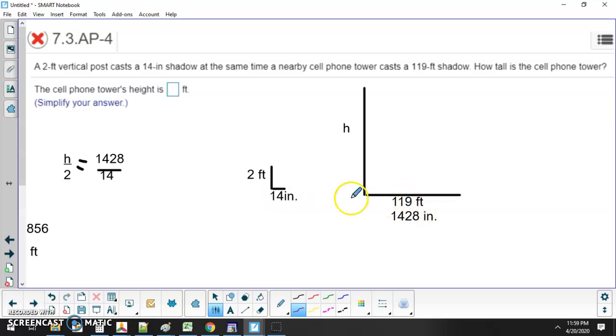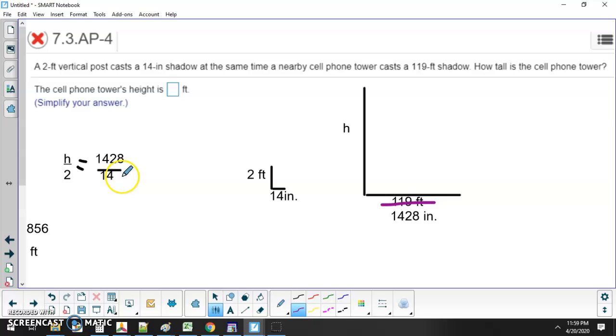Now, since the units are different here when you're comparing, you want to make sure to convert the units to be the same. Now, it doesn't really matter that the units in the other ratio are different, because you're comparing feet to feet. But here it does matter because if you say 119, that's 119 what compared to 14 inches?